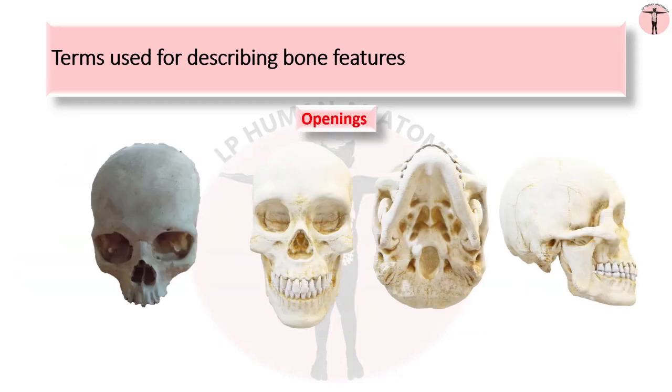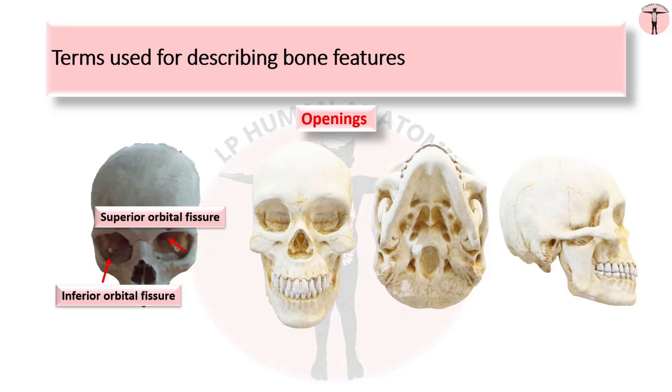The openings are of different types depending on the shape. Fissure is the linear opening such as superior orbital and inferior orbital fissure. Foramen is a round opening as infraorbital foramen of the maxilla and foramen magnum at base of skull in occipital bone.